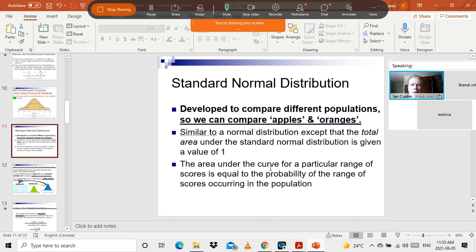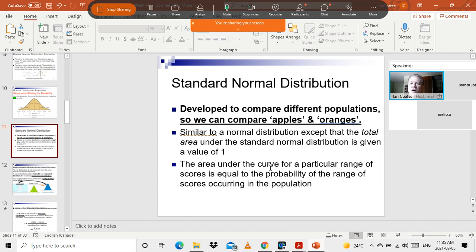No. But all of these bell curves have a mean, so we have a starting point for all of them. And all of them have a standard deviation. Within the first standard deviation, you have 68%. Within the second, you have 95%. Within the third, you have 99.7%. They all have these. They might be different numbers, but they all have these.